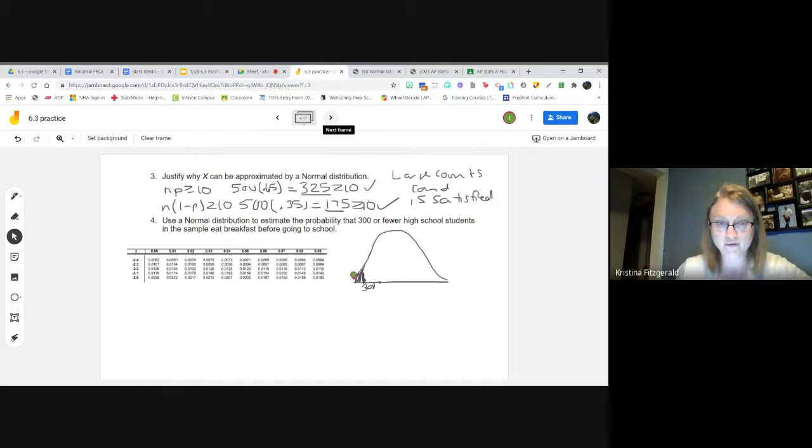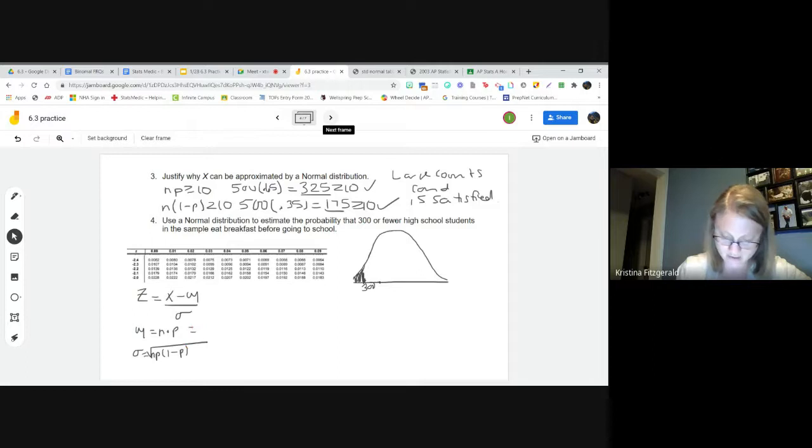But now in order to use the normal distribution, my z-score formula, I usually take my data point, in this case 300, minus the mean, divided by the standard deviation. But they didn't give me that. Shoot. Oh, wait, I have a formula. The mean is n times p, and the standard deviation is the square root of n times p times 1 minus p.